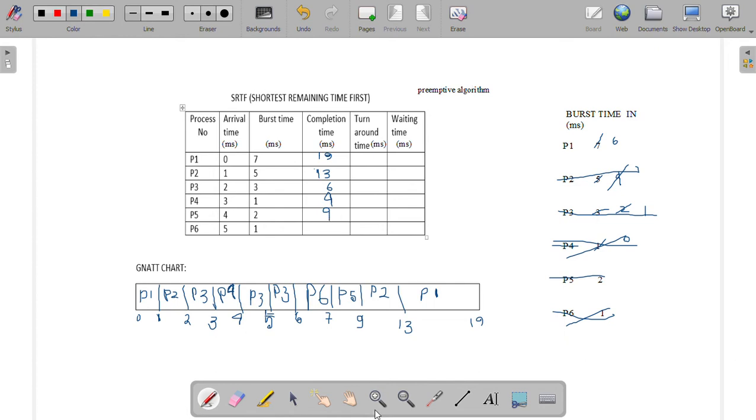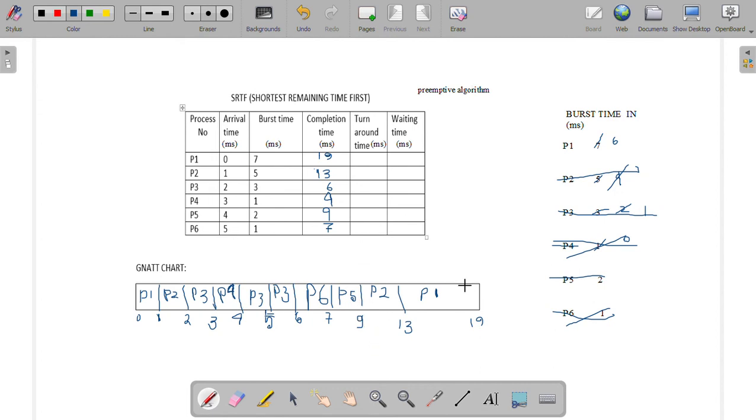At 7 millisecond, process P6 has completed its execution.